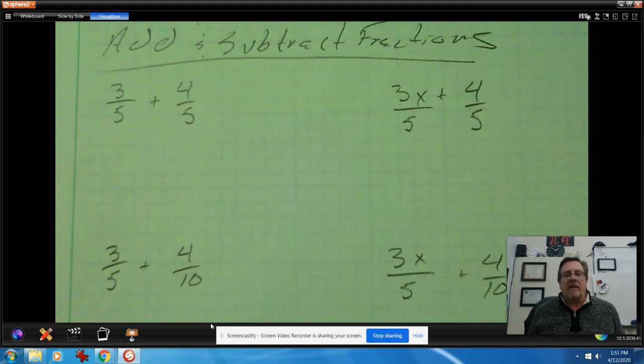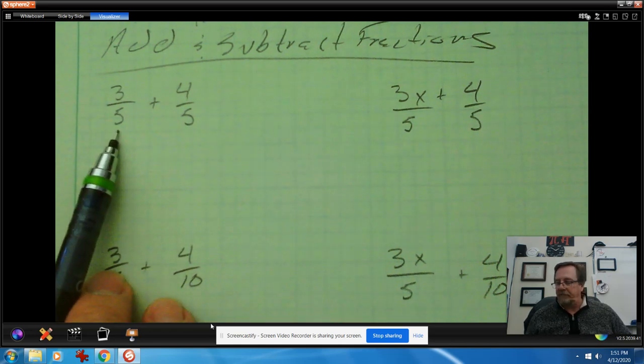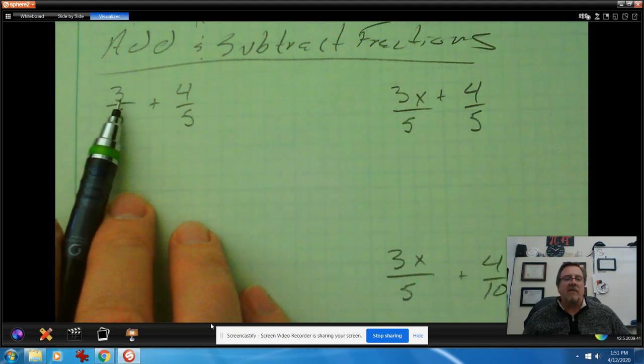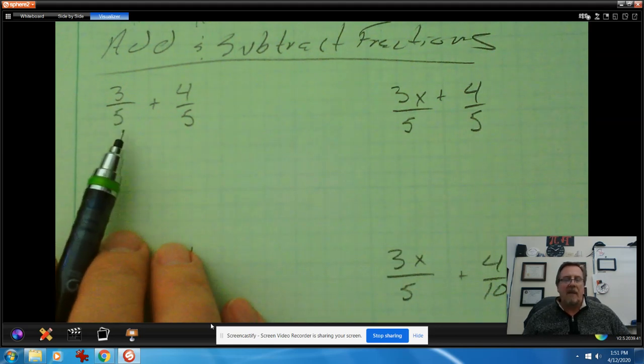To add and subtract fractions, we're going to have a common denominator. The denominator is the number that's in the bottom of the fraction. So just some vocab to remember. The top number is called the numerator. The bottom number is called the denominator.